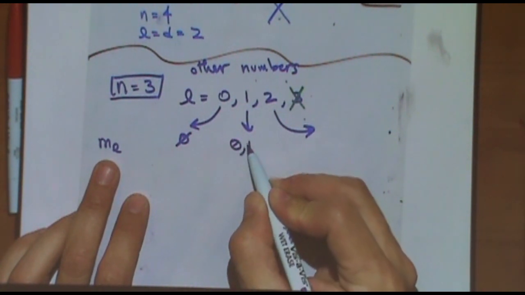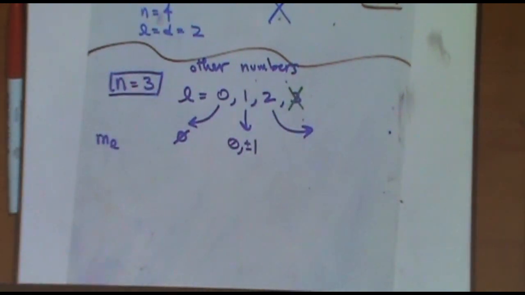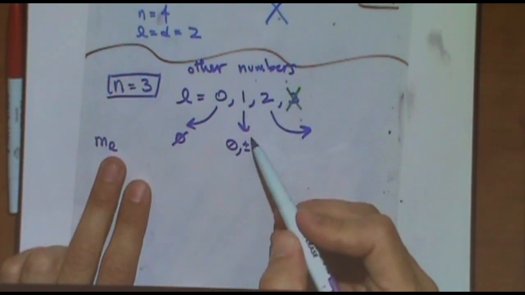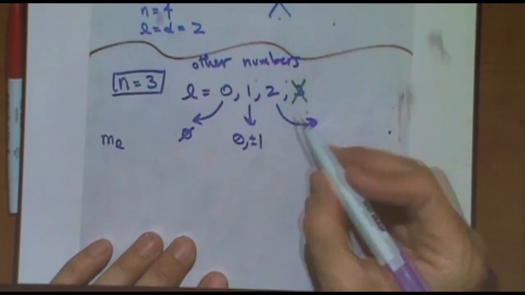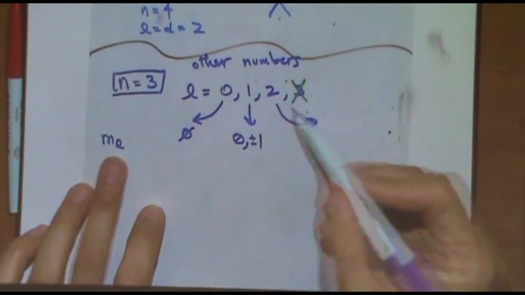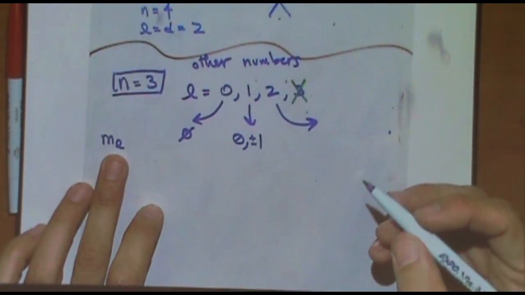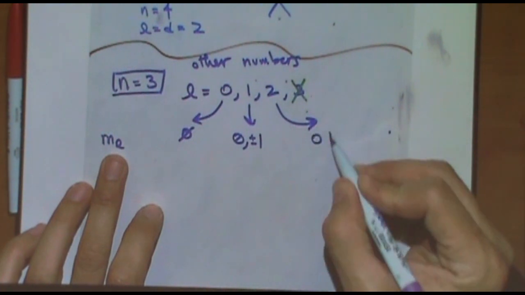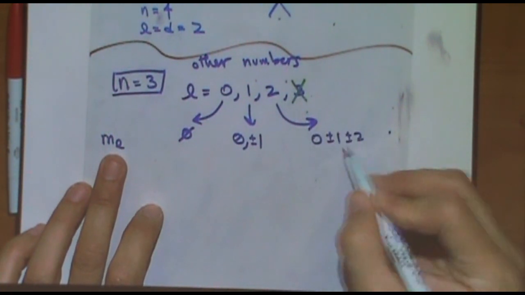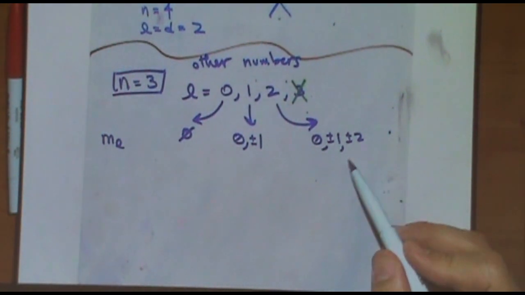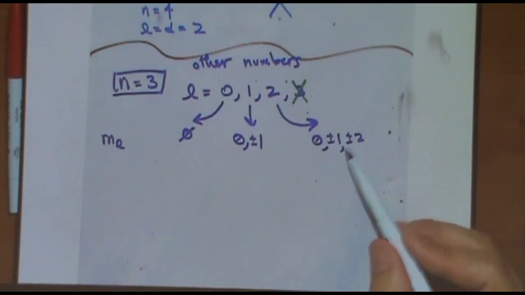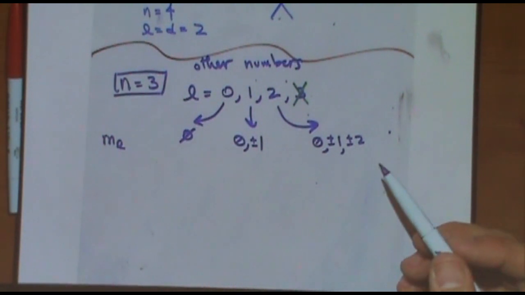It'll be 0 and then plus or minus 1, so it goes from +L, +1, to -L, -1, and 0 in the middle. If L is 2, how many values of m sub L will we get? 5. 0, plus or minus 1, plus or minus 2. So it goes from +L, +2, to -L, -2, and includes all those 5 digits.